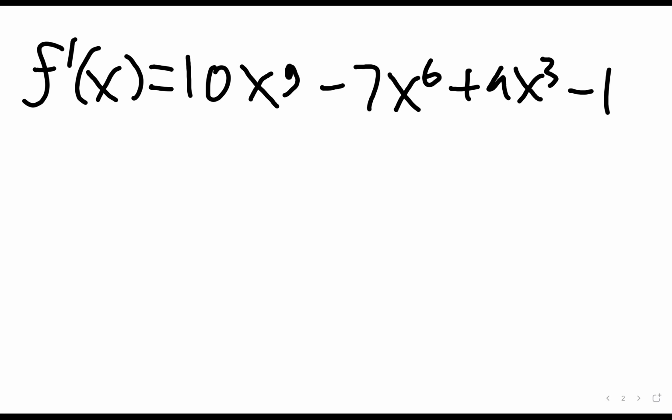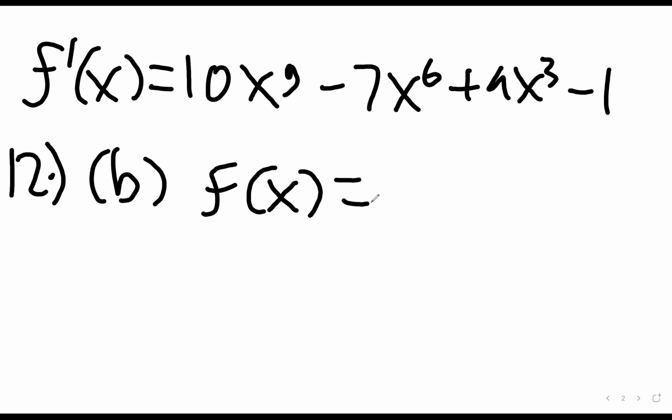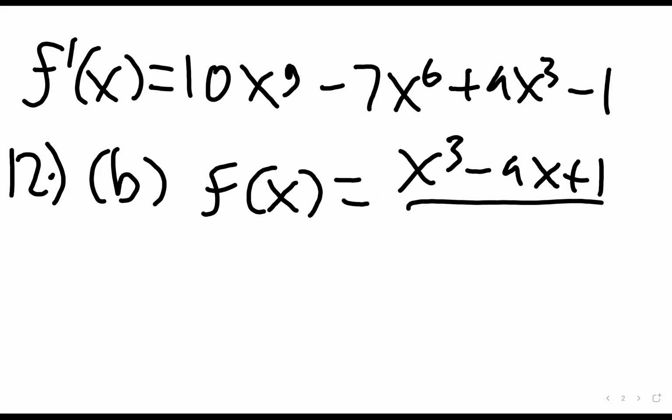For 12b, we have the quotient rule, namely the derivative of the ratio of functions. In this case, we have f of x equals x to the power 3 minus 4x plus 1, divided by x to the power 4 minus 1.